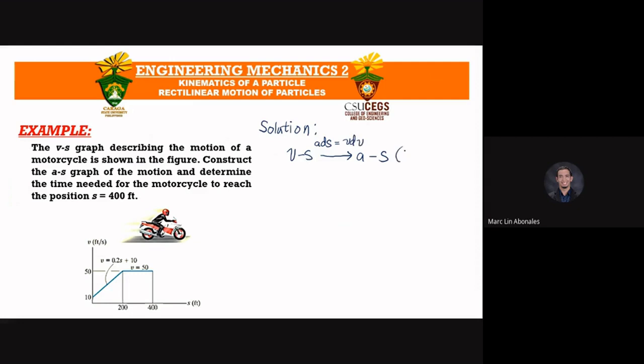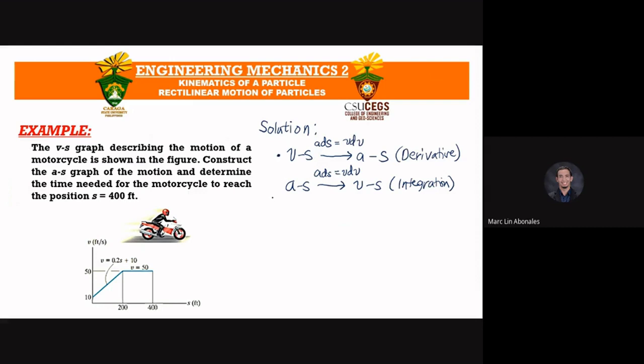And what you will apply here is the derivative. I don't have an example here where the AS graph is given. If you encounter an AS graph, you will construct its corresponding VS graph with the same kinematic equation, but what you will apply is the opposite, which is integration. So since the VS graph is given in this problem, we will use the first one.